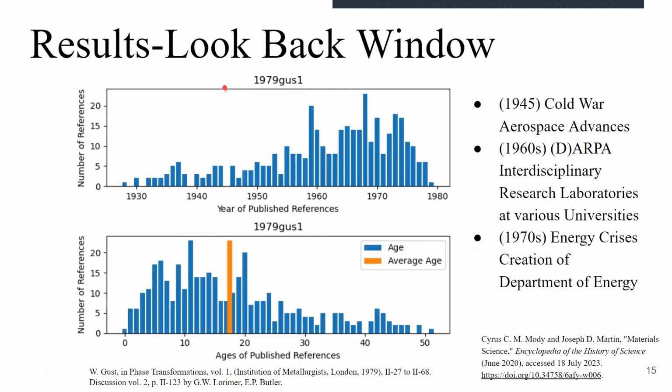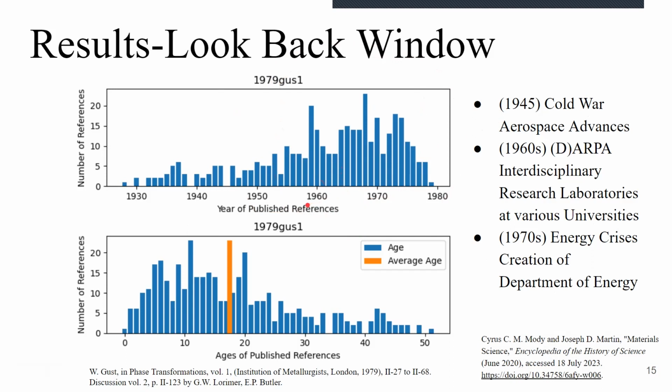And the last graph is 1979 Gust. The factor that affected this paper's references was the Cold War, which required aerospace advancements. Now, at this time, it was seen that a lack of understanding of materials, and therefore a lack of understanding or improper employment of precipitation hardening, was a strategic shortcoming.